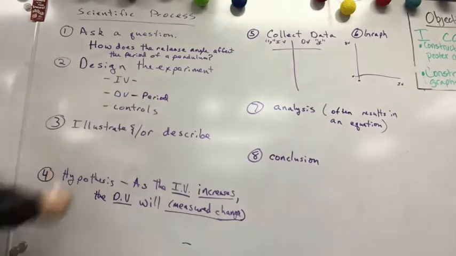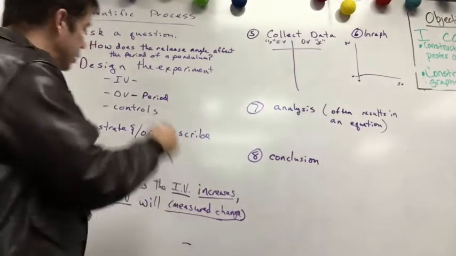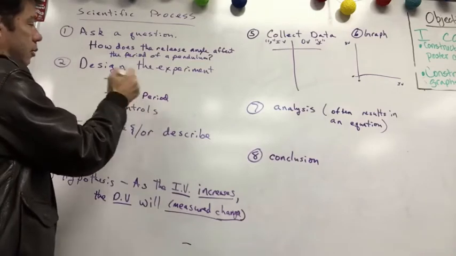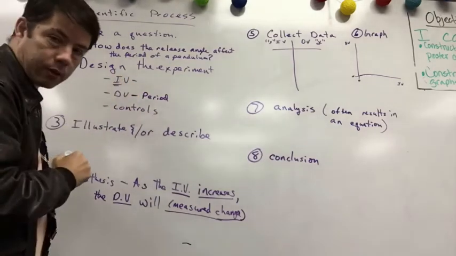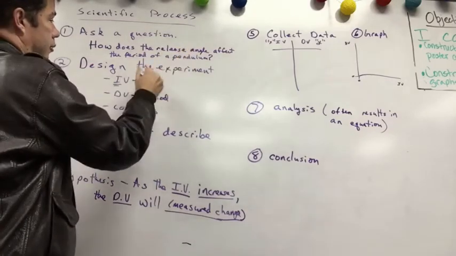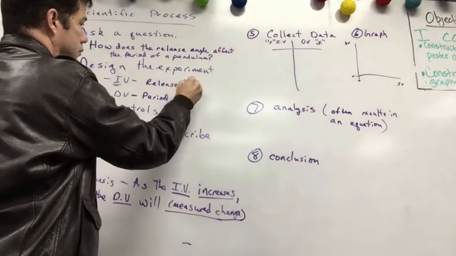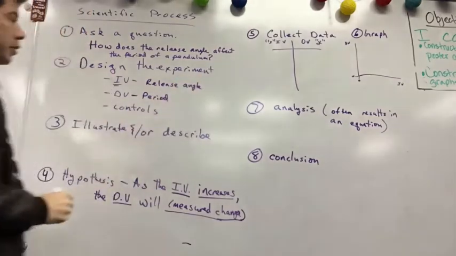What item are we going to be putting into the system? An input, that's one way to remember it. The input that's going to affect this outcome is the release angle. So that would be my independent variable.